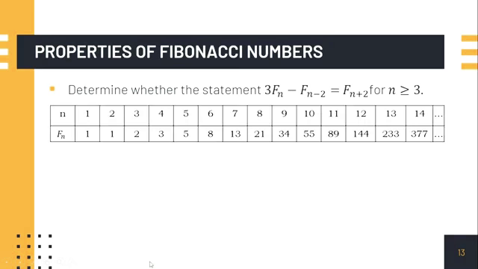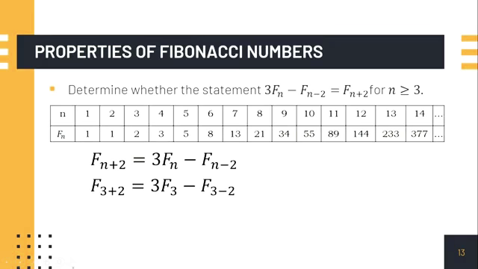So, let's try. Okay, for example, start tayo kay 3. If your n is 3, so that will become 3 plus 2, so 5 yun, no? And then, substitute natin 3 times f sub 3 minus 3 minus 2.